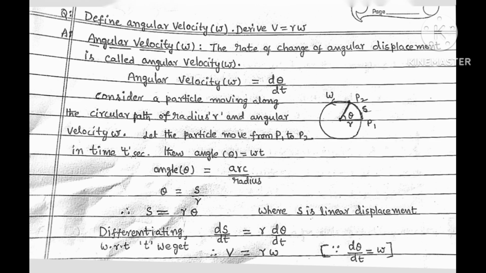Consider a particle moving along a circular path of radius r with an angular velocity omega. Let the particle move from P1 to P2 in time t seconds.